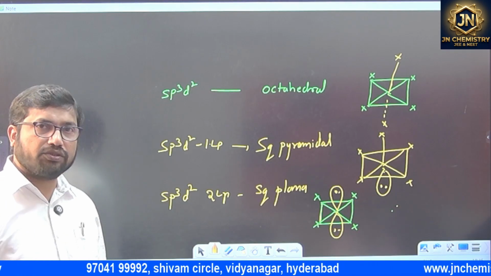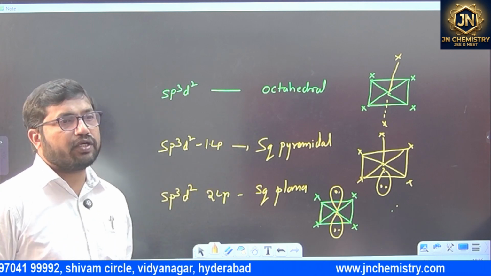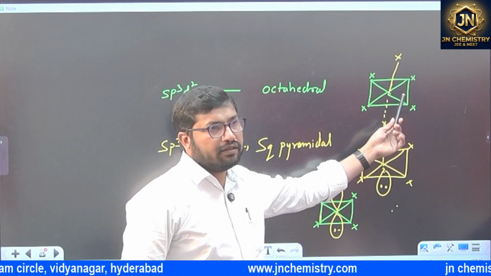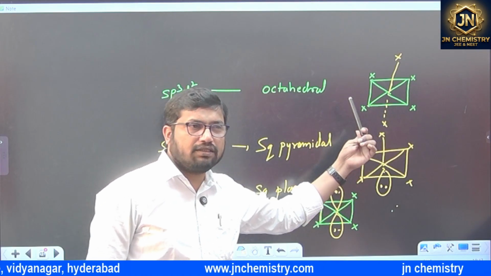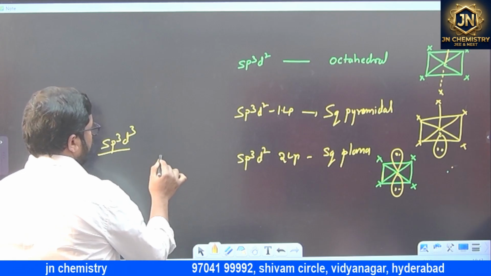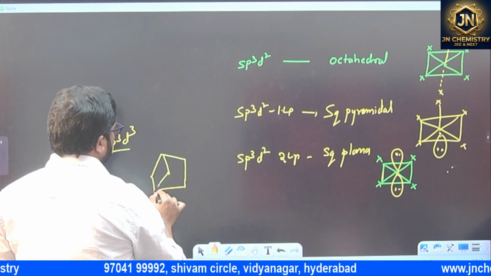After learning this, we need to know the bond angles also. If you know the structures, bond angles are very easy. So in this case, all are 90 degrees. All are 90 degrees. I'll let you know that. sp3d3. Pentagonal bipyramidal.